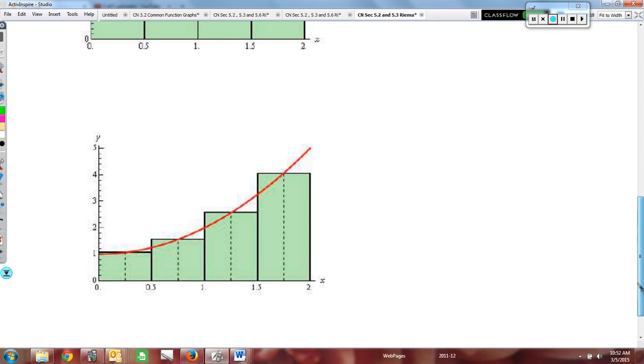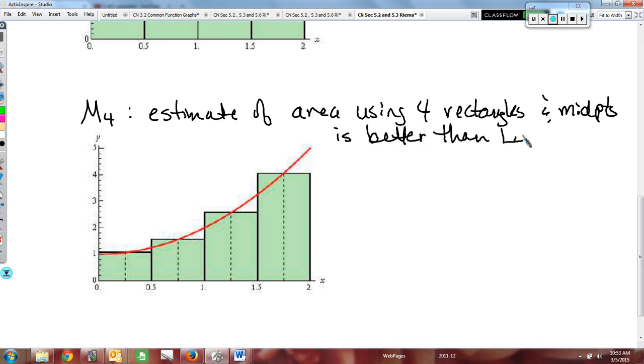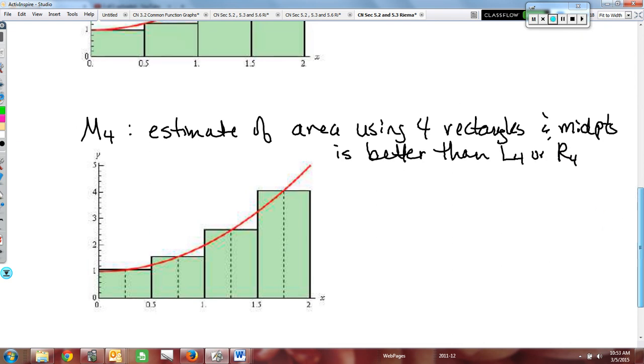And then, of course, this is my midpoint. We would call this M4. So this is your estimate of the area using 4 rectangles and your midpoints. And this one, all we're going to say is this is better than L4 or R4. We can't really tell if it's over or under. That gets a little gray area there.